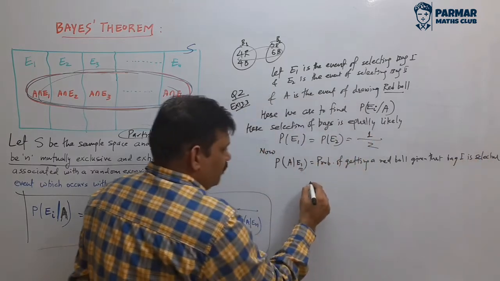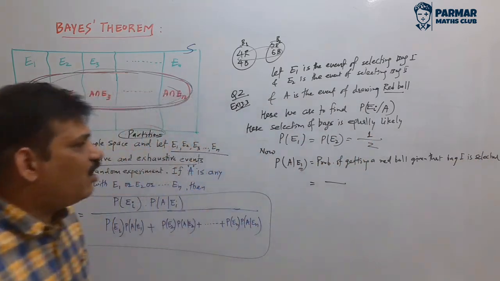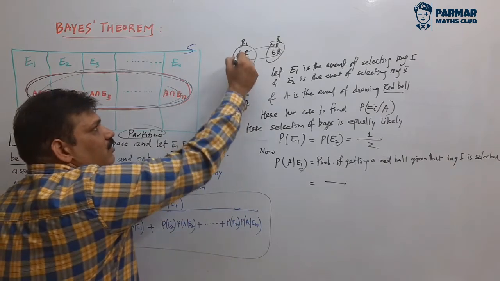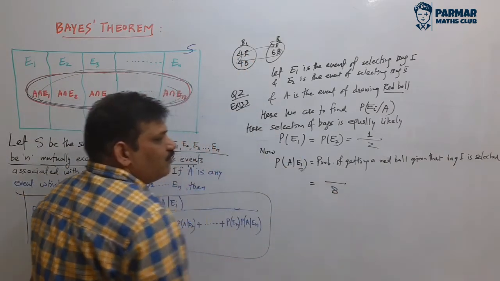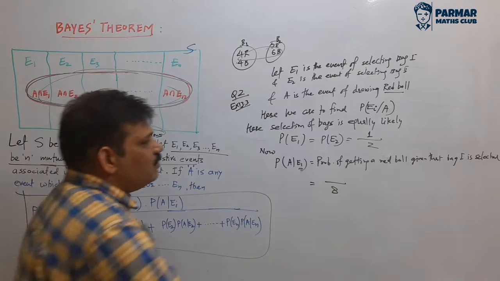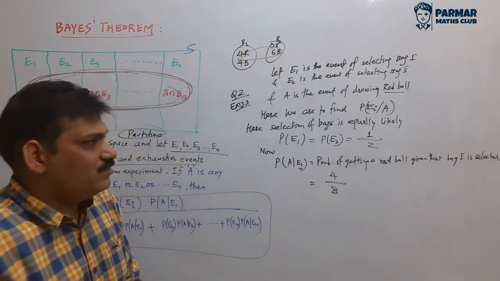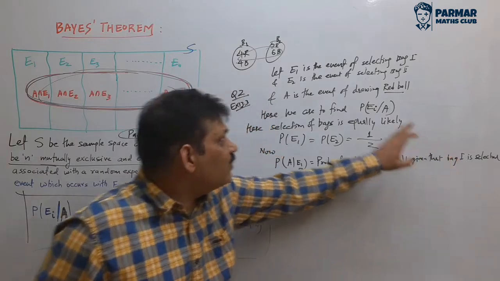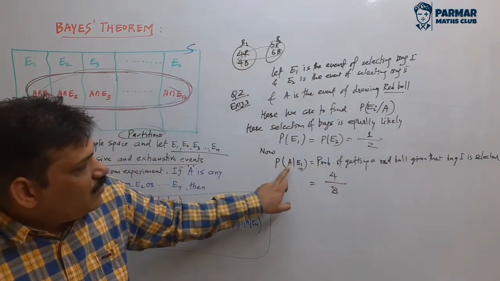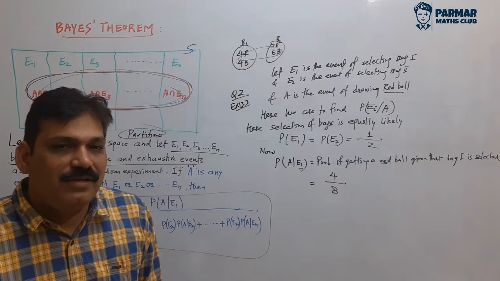If bag 1 is selected, how many balls are there in bag 1? Total 8. Out of these, how many red balls are there? 4. So if it is given that bag 1 is chosen, the probability of getting a red ball will be 4 by 8.